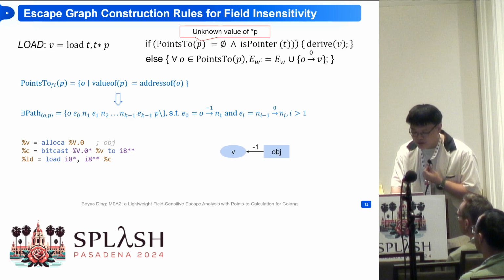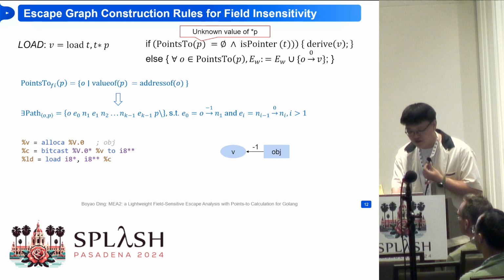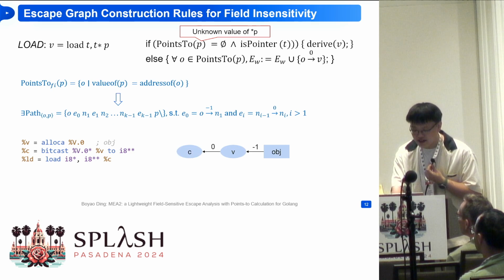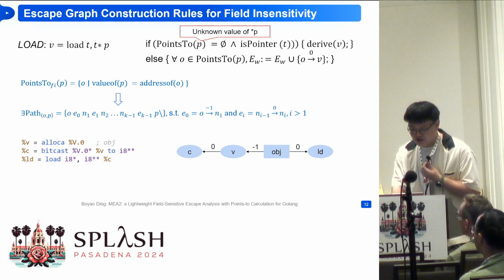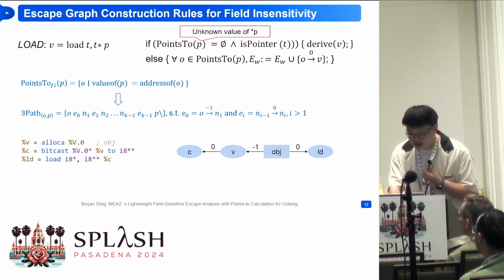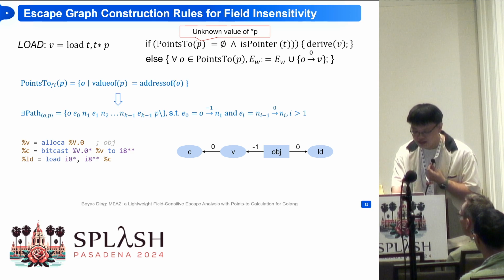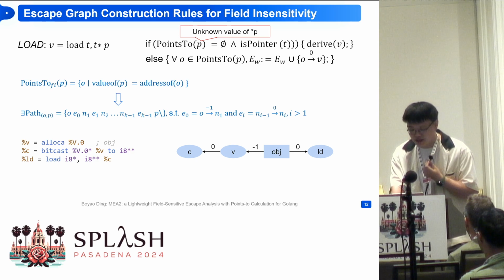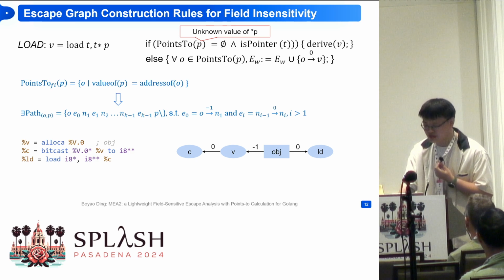We first establish a flow edge from OBJ to V, and then create an edge from V to C. For the load instruction, we first calculate the points-to set, and we can find that there is a path from OBJ to C, starting with a flow edge of weight -1, followed by a flow edge of weight 0, which means C points to OBJ. Thus, we can establish an edge from OBJ to LD according to the earlier rules.